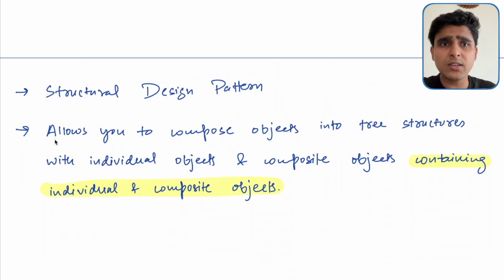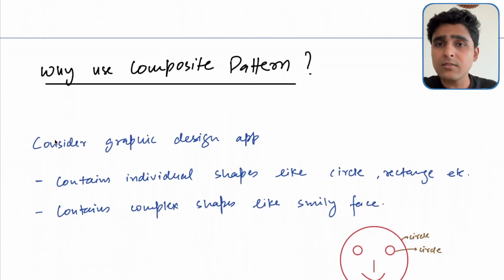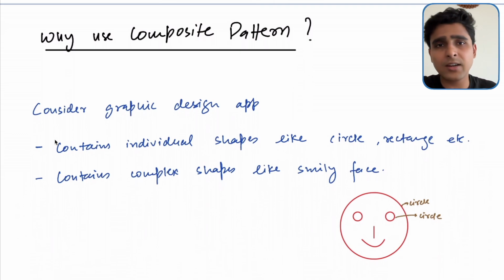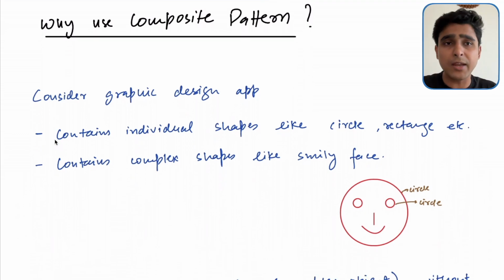So now we will see which type of systems can fit into this hierarchy and where composite design pattern can help us. So why use composite design pattern? Consider an example, a graphic design app. A graphic design app has many different types of shapes like circle, rectangle, triangle and other types of shapes. Now you can also have complex shapes in the app, right?